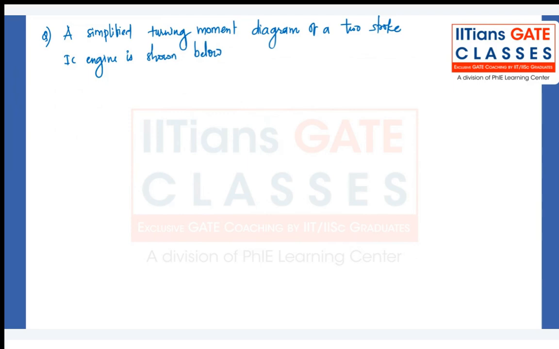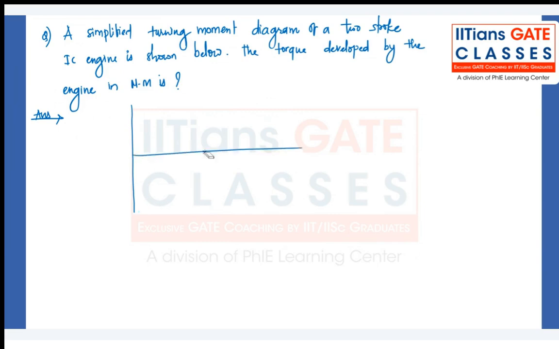The torque developed by the engine in Newton meter is: so it is minus 2 pi and 2 pi, so we have theta, and this is the turning moment diagram.